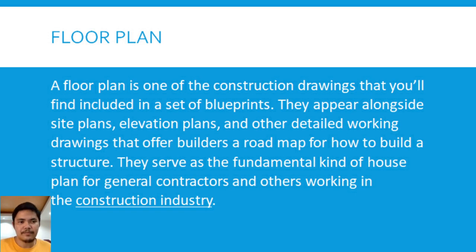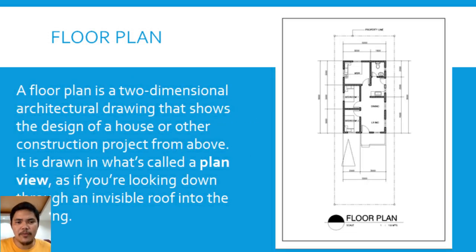Okay? So we have here an example of a floor plan. A floor plan is a two-dimensional architectural drawing that shows the design of a house or other construction project from above. It is drawn in what is called a plan view, as if you're looking down through an invisible roof into the building.